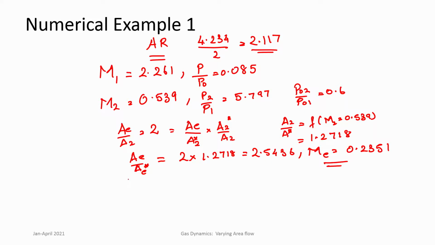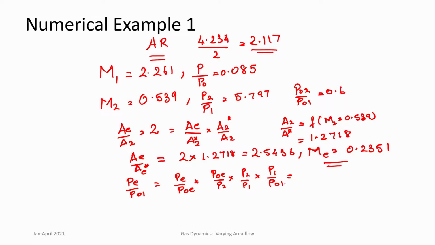What we are interested in is PE by P01. This is PE by P0E multiplied by P0E by P2 multiplied by P2 by P1 multiplied by P1 by P01. Now all these numbers we know.